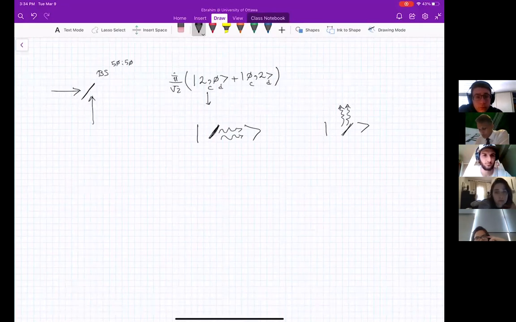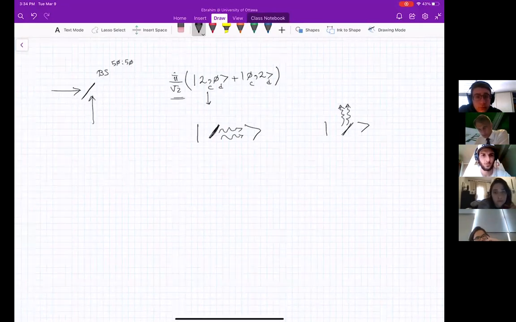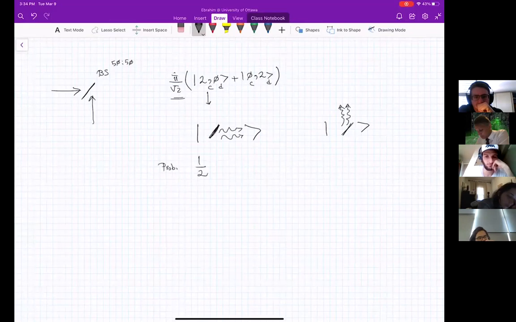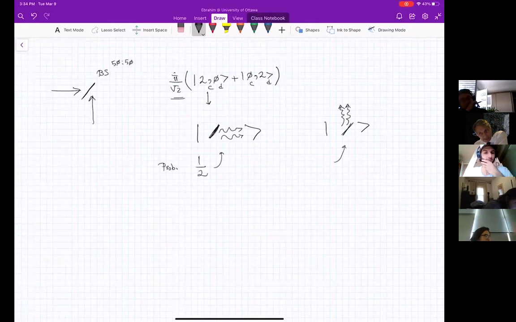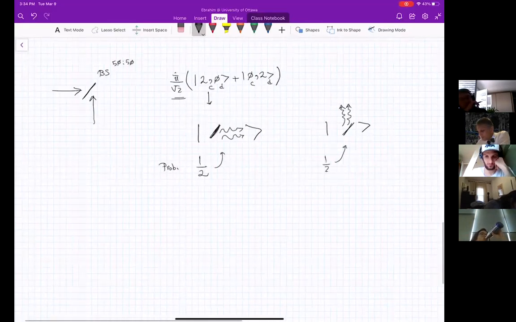It's given by the coefficient that you have here. It is 1/2, the probability of being in that state. Remember, this is a coherent superposition, a state, not a density matrix. So with a probability of 50 percent, it will be in either of those two cases.